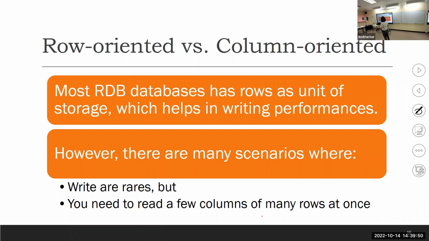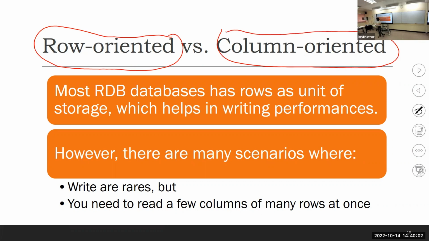So a little more information and comparison. Now we can see that there are two, not really opposite in the way that even with column oriented, we still operate something based on the row somehow. But there are really different types of operations which we want to perform based on row-oriented or column-oriented operation.